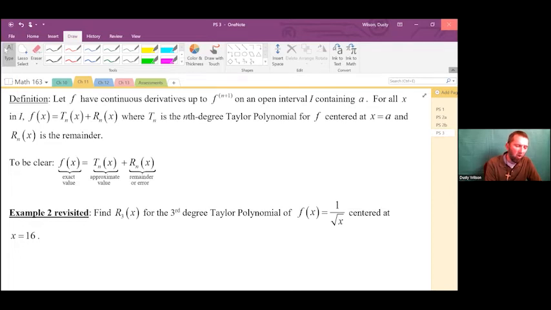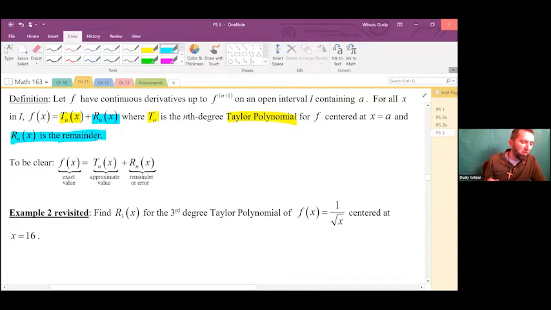For all x in I, f of x equals the nth Taylor polynomial of x plus the remainder evaluated at x, where Tn is the nth degree Taylor polynomial for f centered at x equals a, and R of x is the remainder. So T is the Taylor polynomial, and R is the remainder.